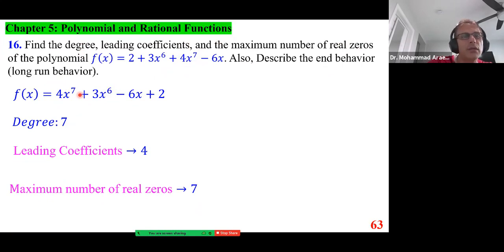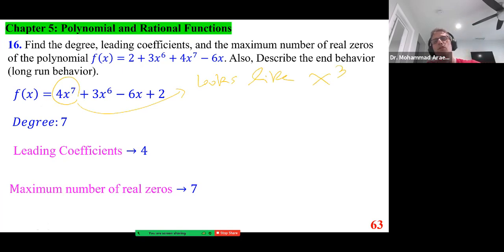And behavior, well, what is this? Odd. What is this? Positive. Because it's of odd degree and positive leading coefficient, it really follows like x cubed. So because of this, it looks like x cubed.